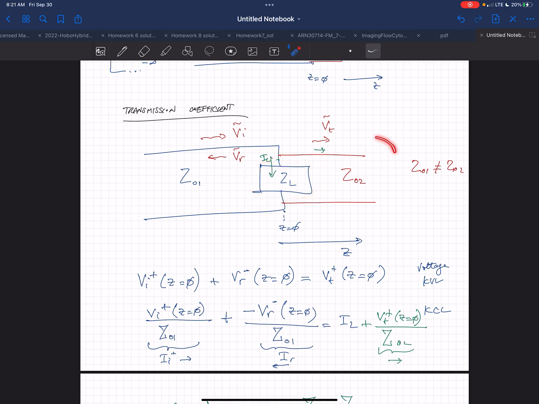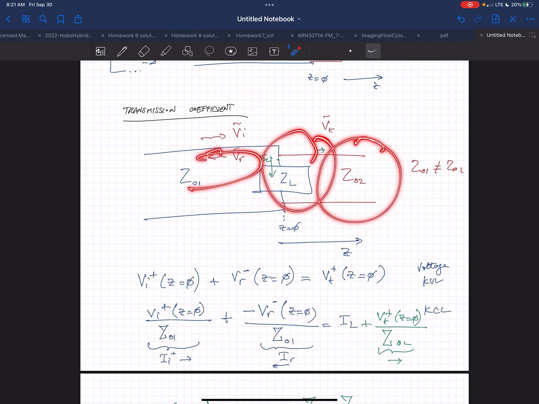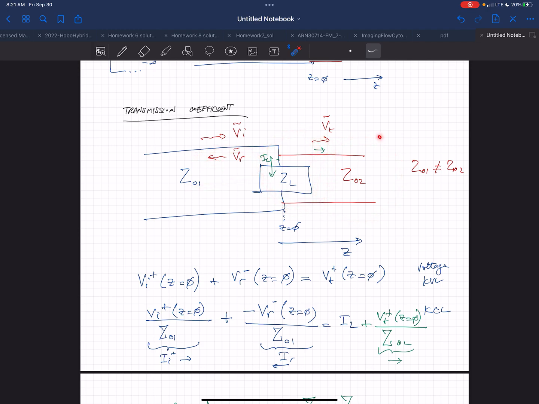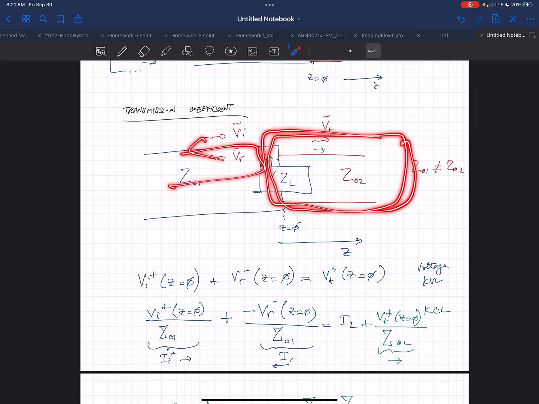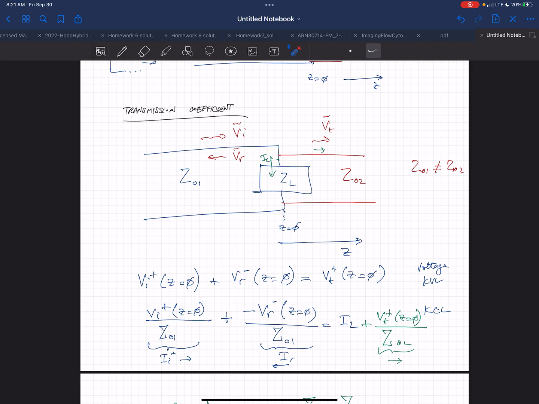When this other transmission line is hanging off this endpoint too, it looks like I have this impedance in parallel with this impedance. So when I'm looking at the reflection, I have to consider that both of these look like a load at this point. Any questions about that, guys?